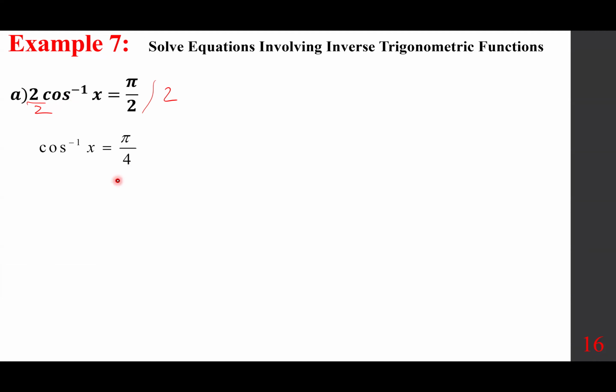By definition of an inverse function, x must be cosine of pi over 4, a common arc. You know it to be square root of 2 over 2. So x equals square root of 2 over 2.